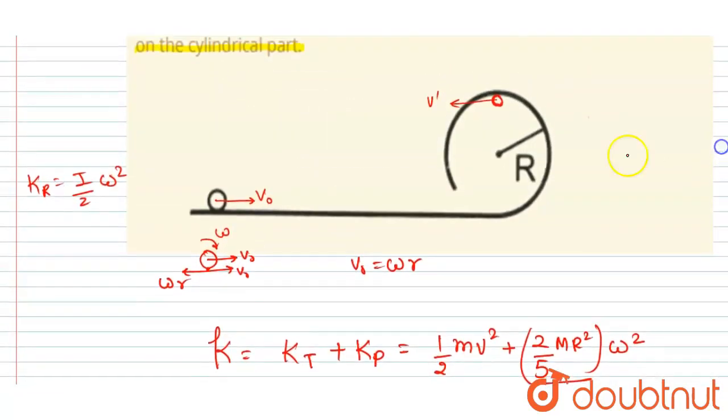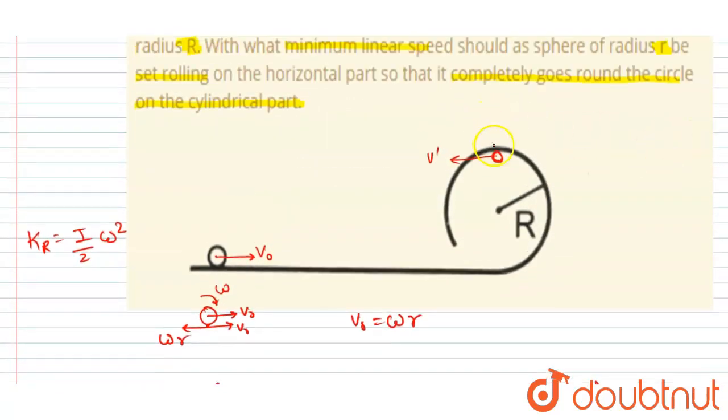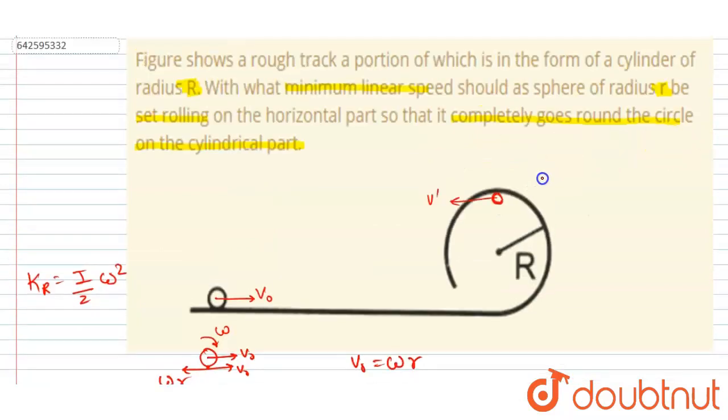If the particle reaches here, the normal reaction just becomes 0, since we want the minimum linear speed. So to have minimum linear speed at this position, we will make the normal reaction just equal to 0. Here the mg will act as the centripetal force.